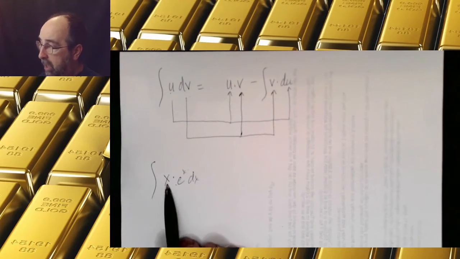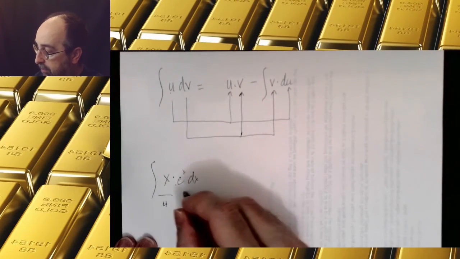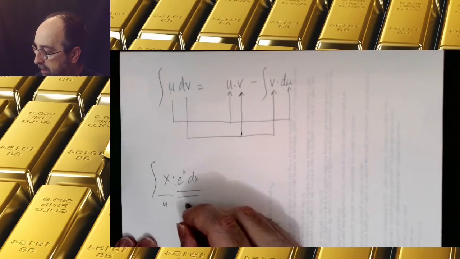Now if we think about the x, the derivative of x would be 1, and it's getting simpler. But the antiderivative of x would be x squared over 2. That's getting more complicated. So I'm thinking it's better to treat x as the u, and that would leave e to the x dx as the dv.